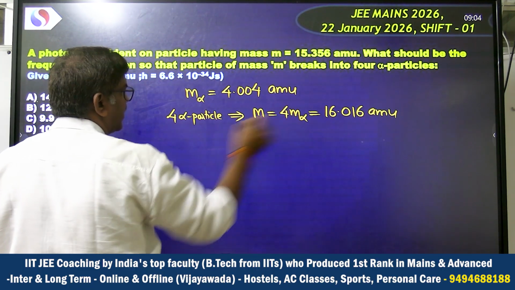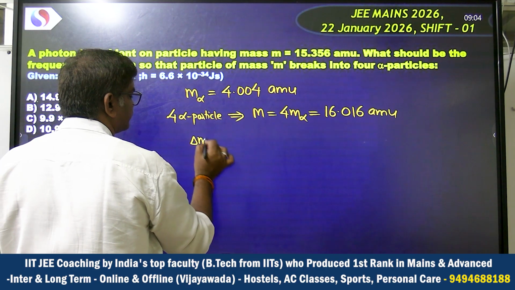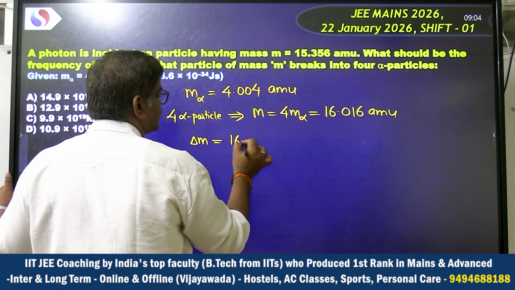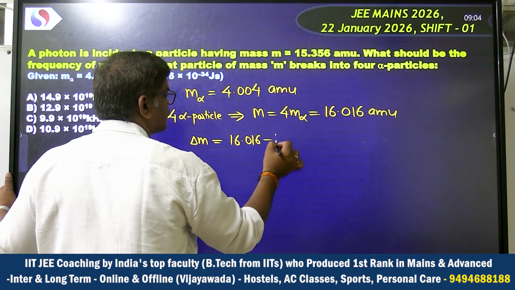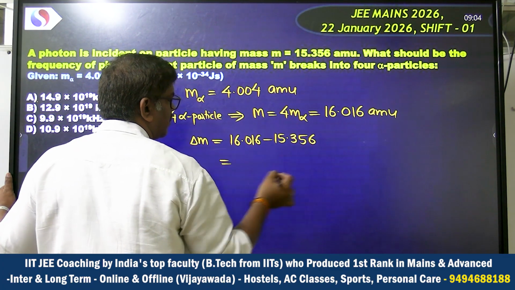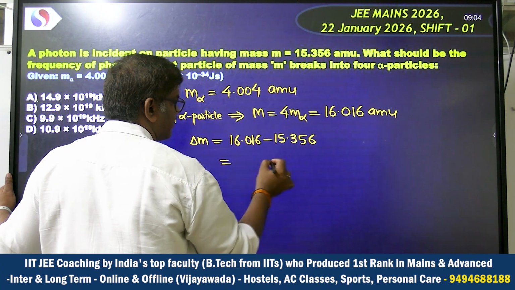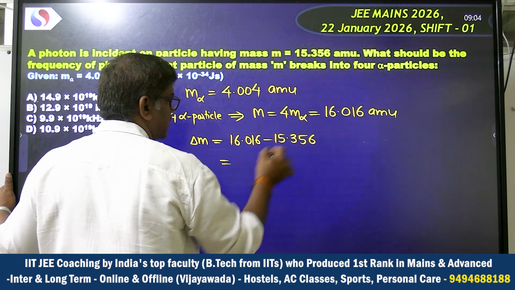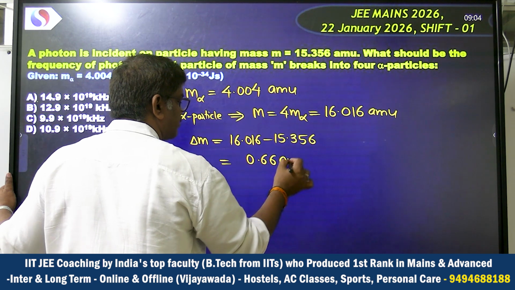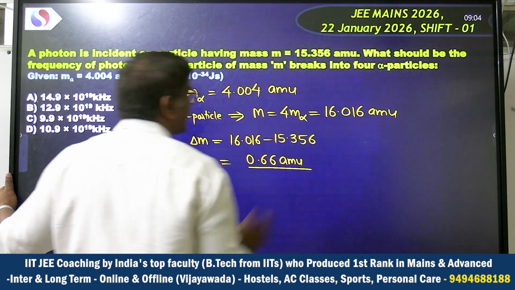And now you can clearly see the mass defect, delta M, that will be 16.016 minus 15.356, so 0.66 AMU. That will be your mass defect.